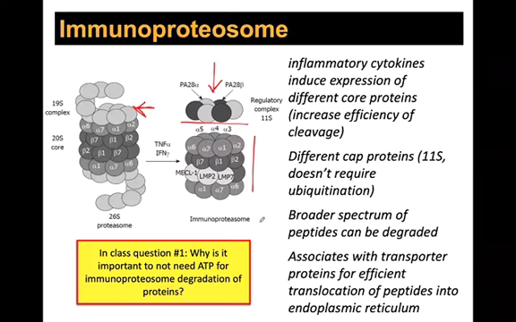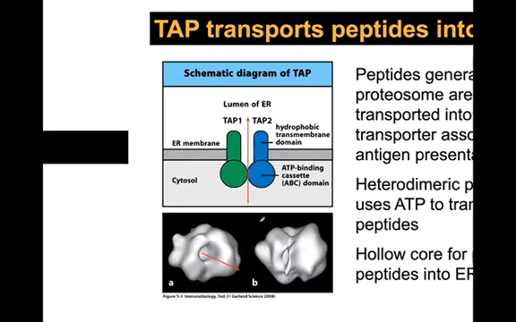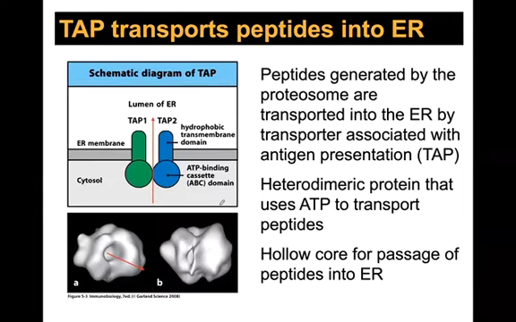Okay, so now you've degraded the peptides in the cytoplasm. And how do you get those into the endoplasmic reticulum so they can bind to MHC1? And so the first thing is, well, there is a transporter. It's called TAP, transporter associated with antigen presentation.